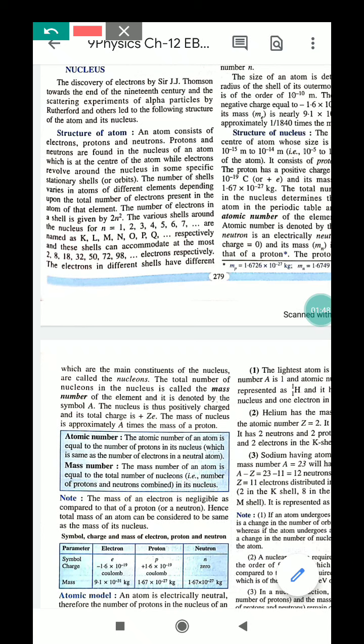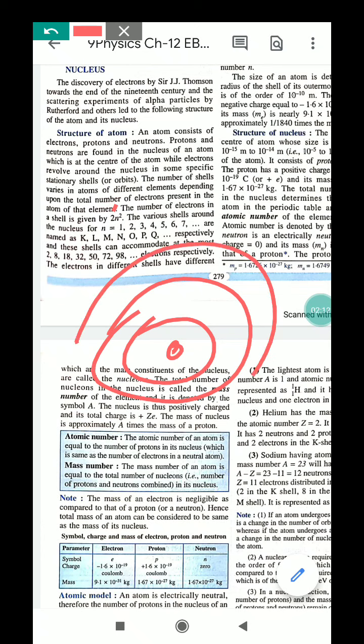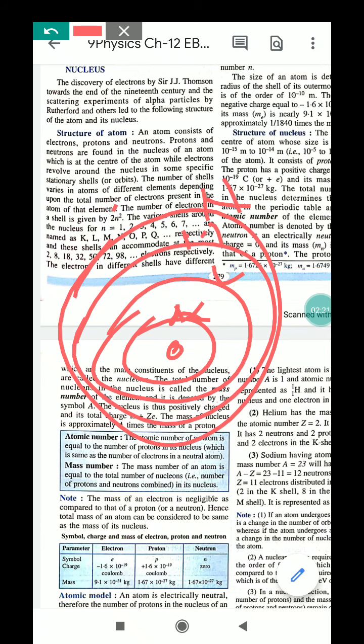The number of electrons in a shell is given by 2n squared. Now the various shells around the nucleus for n equals 1, 2, 3, 4, 5, 6, 7 and so on are named K, L, M, N, O, P. Suppose that this is the nucleus and these are the orbit shells: K, L, M, N, like this.